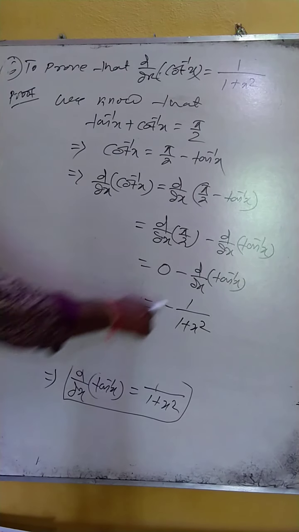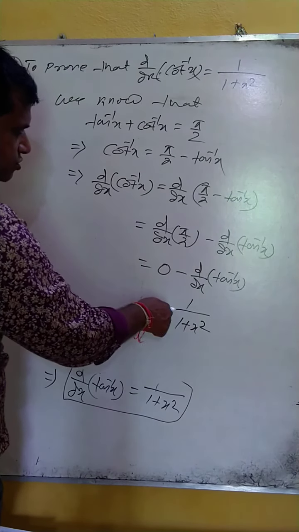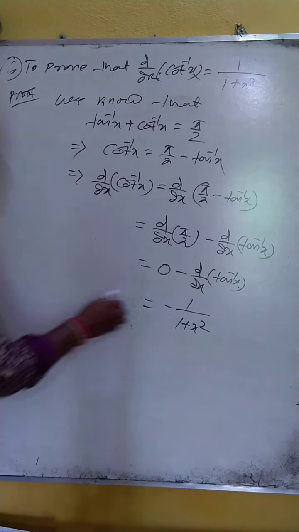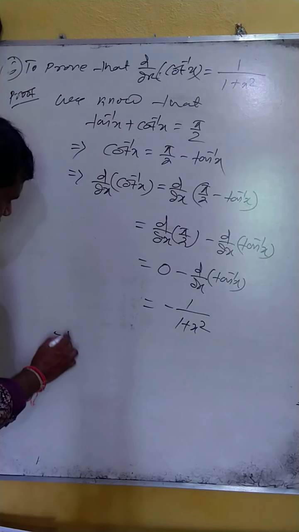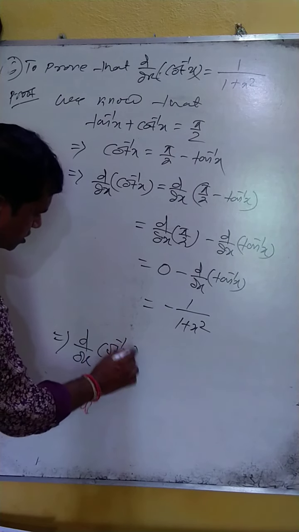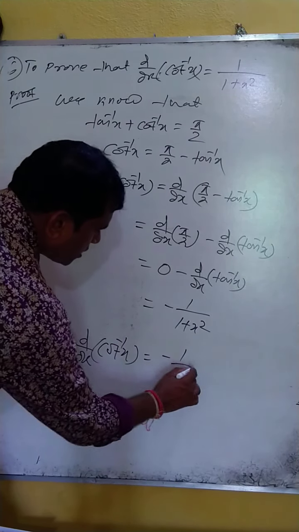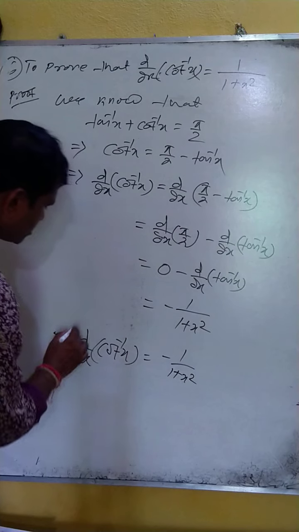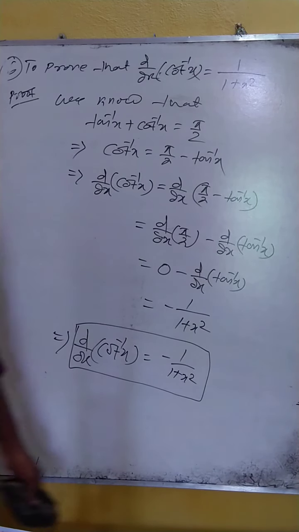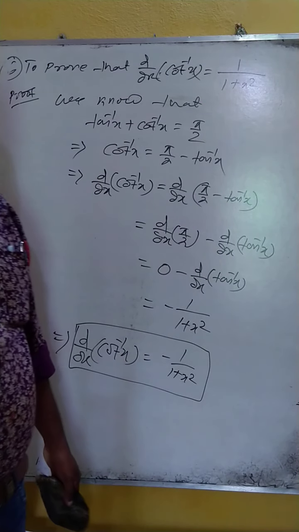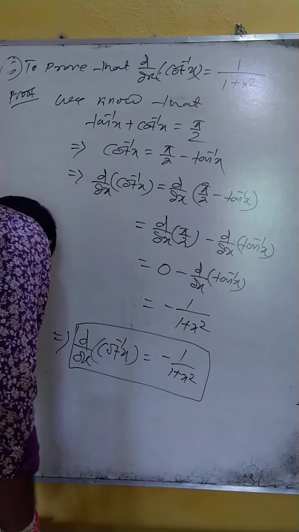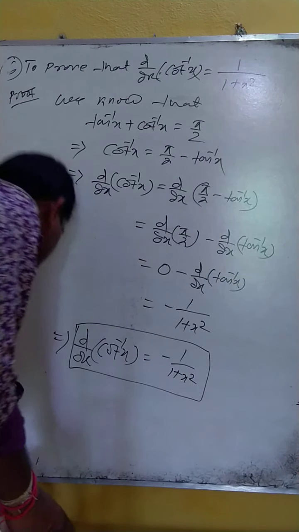The derivative of tan inverse x, 1 by 1 plus x square, is already there. So d by dx of cot inverse x is equal to minus 1 by 1 plus x square. This is the derivative of cot inverse x. So you know the derivatives of the six inverse trigonometric functions. This is the formula. Now we do exercise 7D.